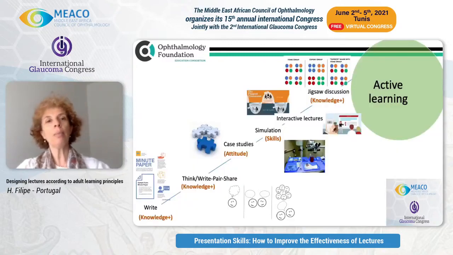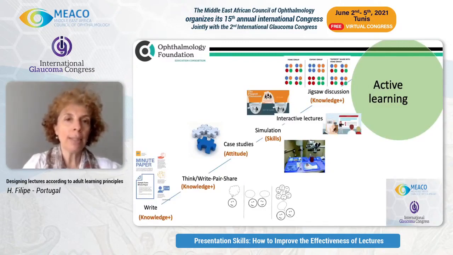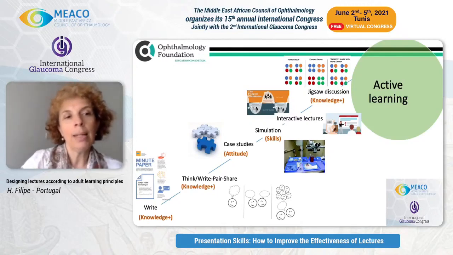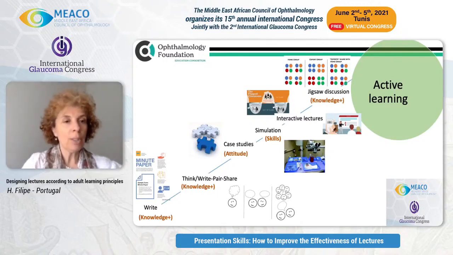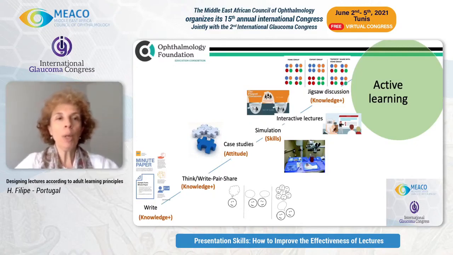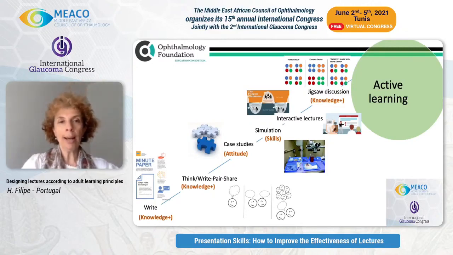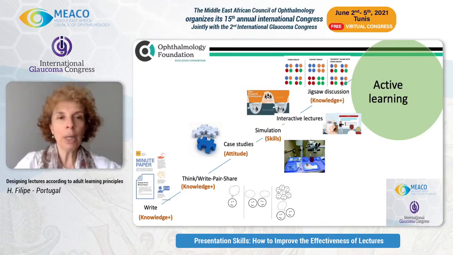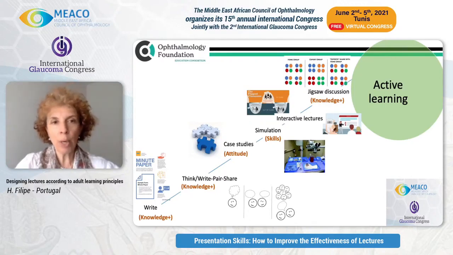And this slide shows some of the possibilities, some of the strategies of active learning, from the simplest, as for instance asking to write in a minute the thing that was most surprising or striking in a learning intervention, to the more complex, such as jigsaw discussions, where an element of each of the home groups goes into expert groups to develop learning in the subtopics so that he or she can bring back to the home group an improved knowledge in a subtopic that can be essential for solving the problem that has been proposed.